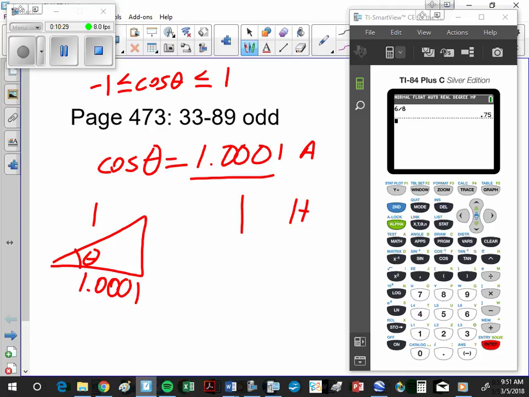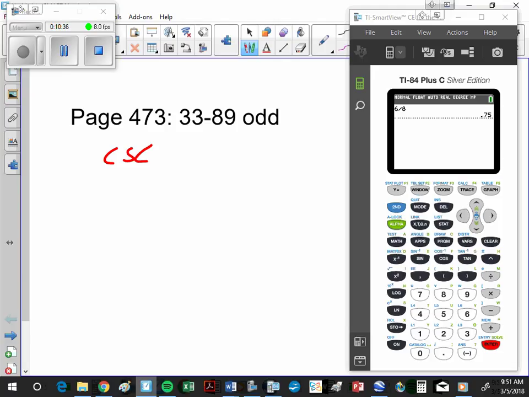Now, what if we flip those upside down and we talk about the cosecant? The cosecant matches up with the sine. What can the cosecant equal? The reciprocal is basically everything else.